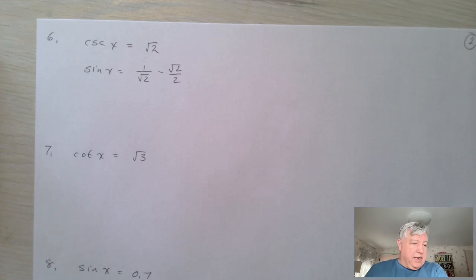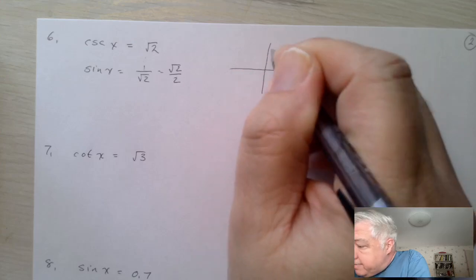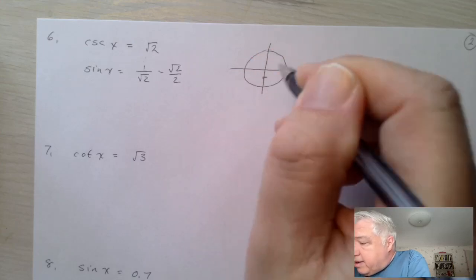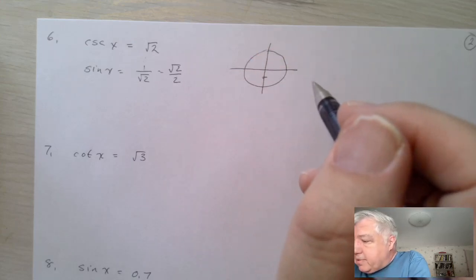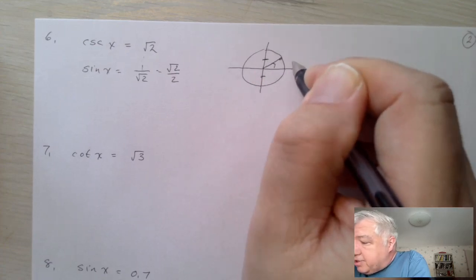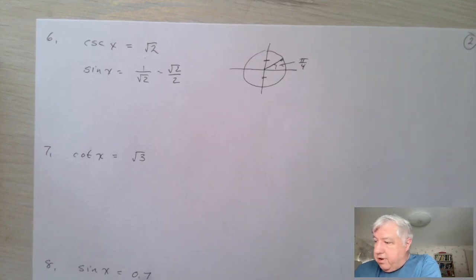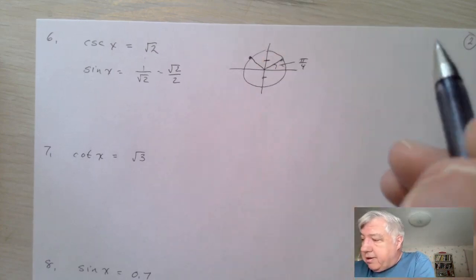And we should recognize that that is pi over 4 and, we're up here, so this would be pi over 4. And then the other one would be over here.